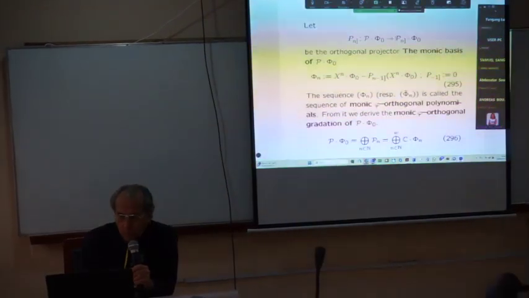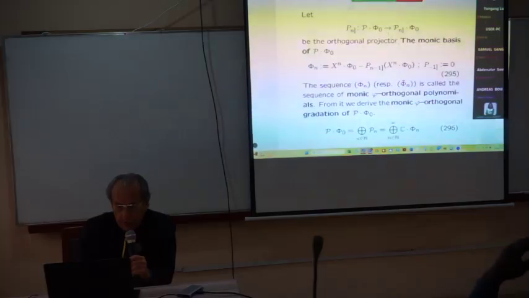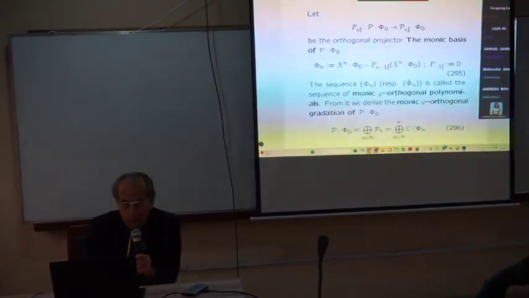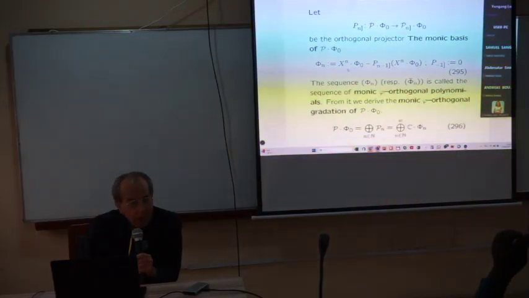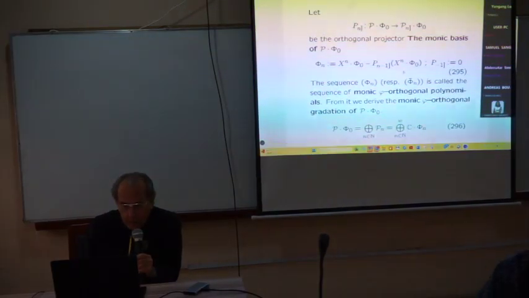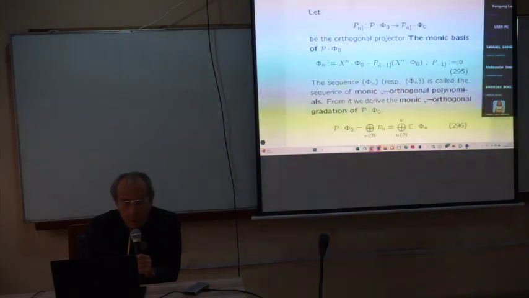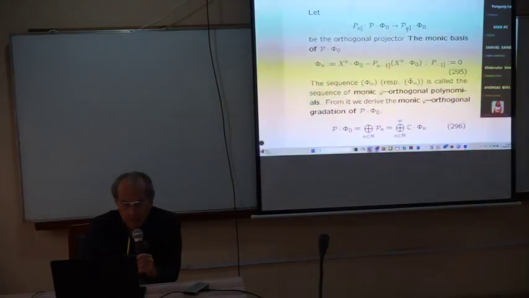So the orthogonal projection from all polynomials to the polynomials of degree less or equal than n is well defined. So if I have a monomial, I can subtract its component on the space of polynomials of degree less or equal than n.